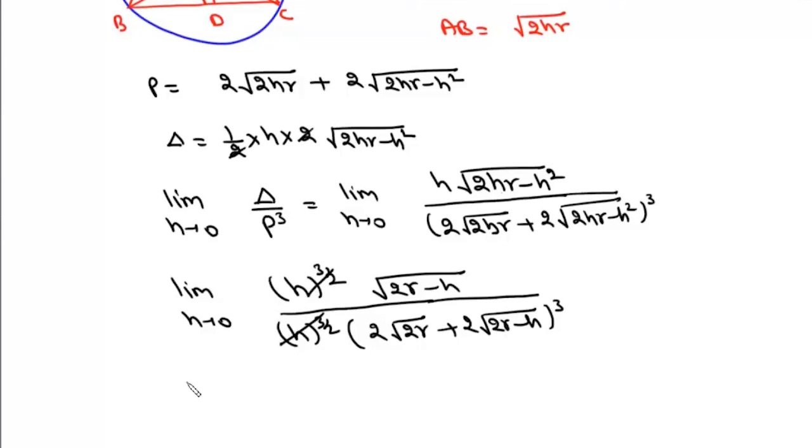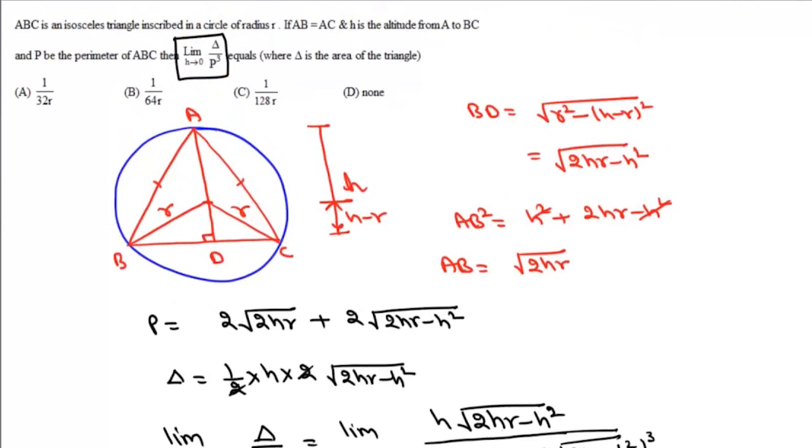If we put the limit h tends to 0, we'll get under root 2r upon, now this is 2 root 2r plus 2 root 2r. So it will be 4 root 2r, and 4 root 2r cube will be 64 into 2 root 2 r root r. Now root 2r will cancel. So this value will be 1 by 128r, and that's your option C.